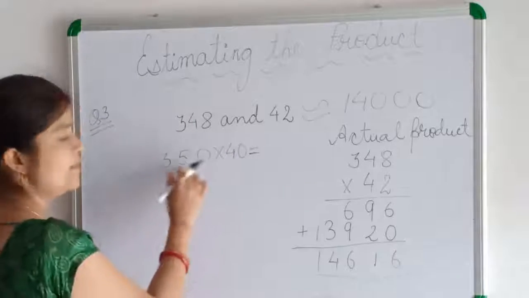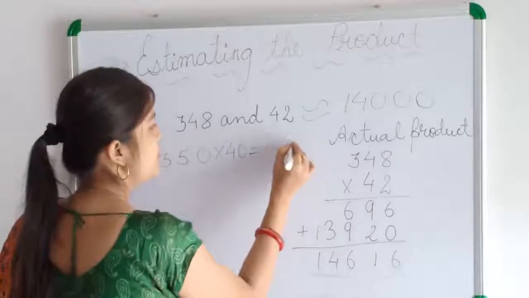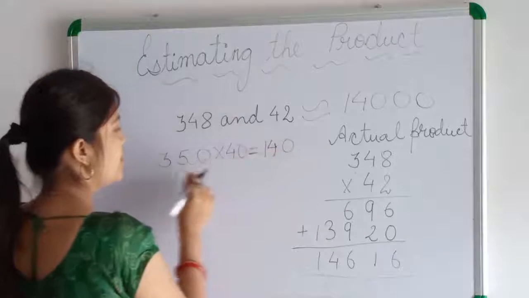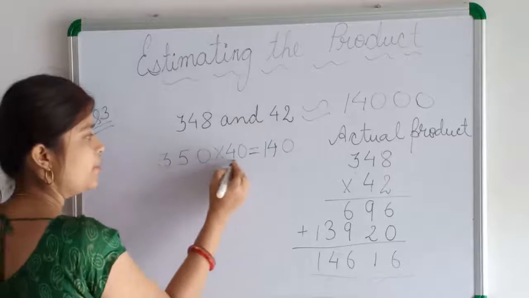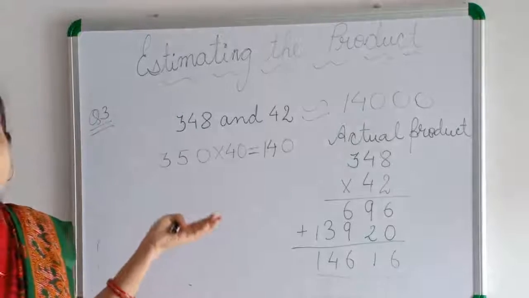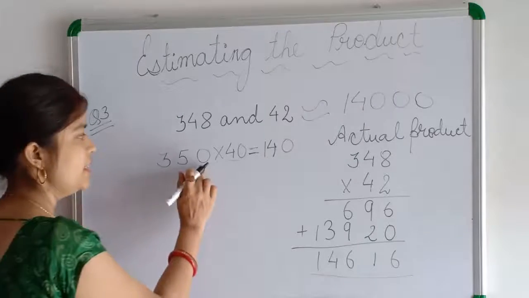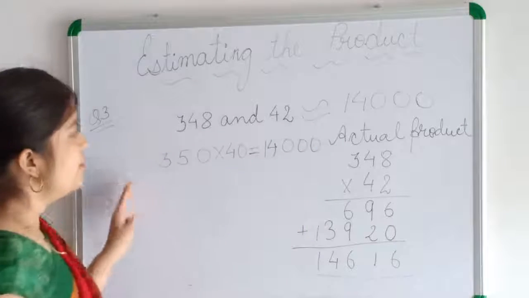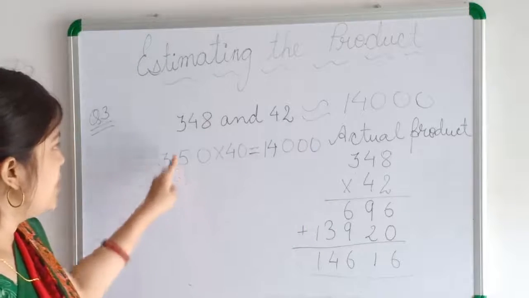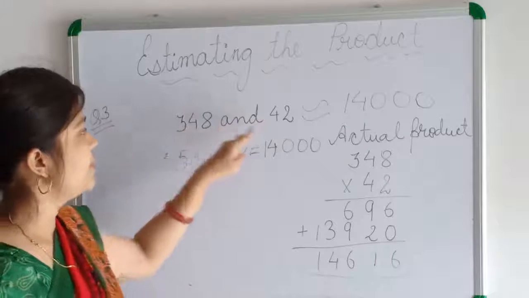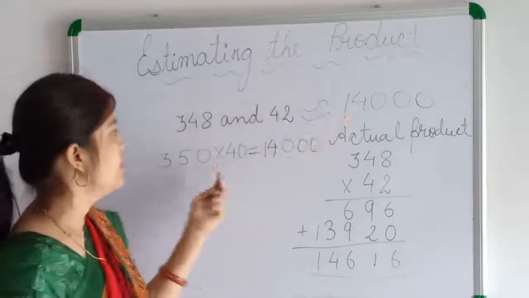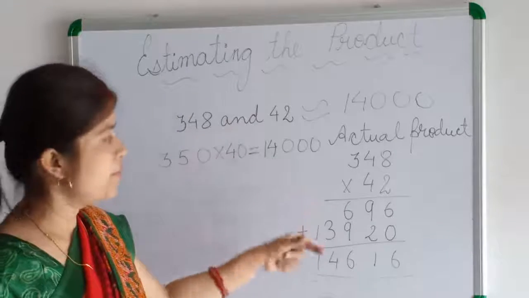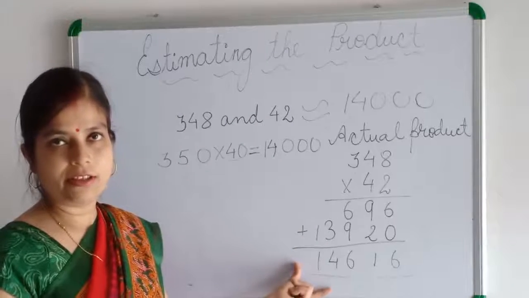We will multiply 35 into 4. 5 4s are 20. 4 3s are 12. 14. This is the product of 35 and 4. Then we will add 2 zeros on the right hand side of it. You can see here 1 and 2 zeros, 1 and 2. So the estimated product of 348 and 42 in the question is given 14,000. And it is not very far away from the actual product.